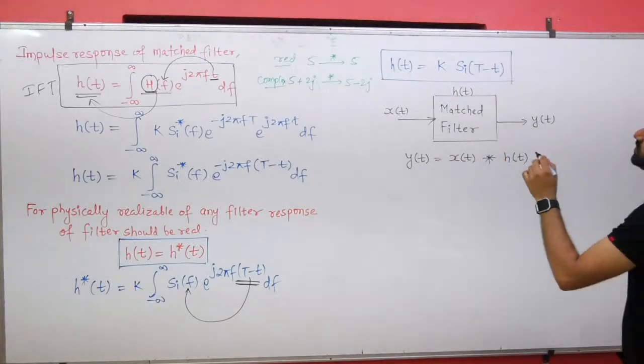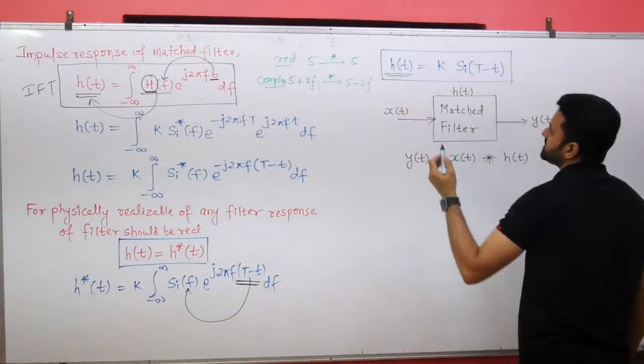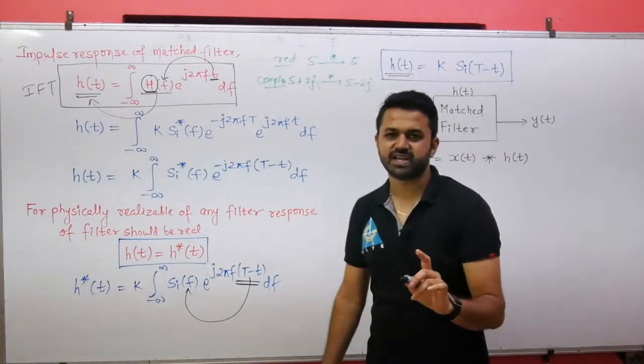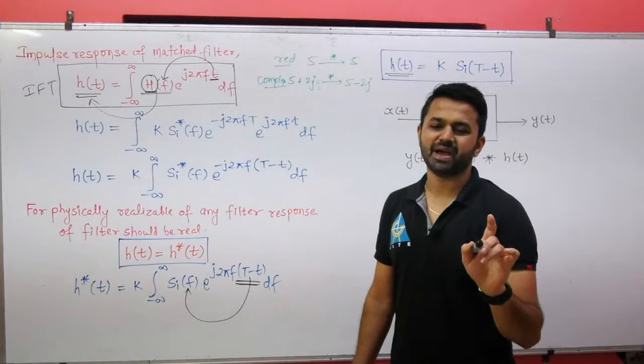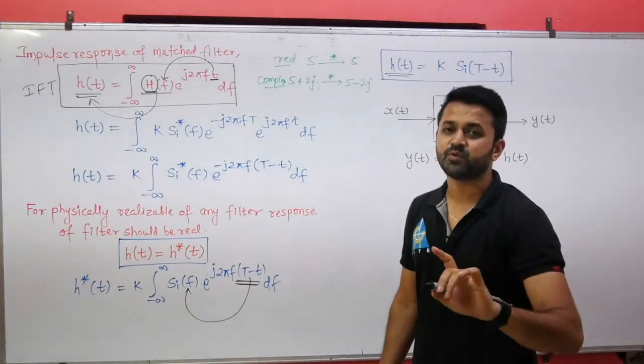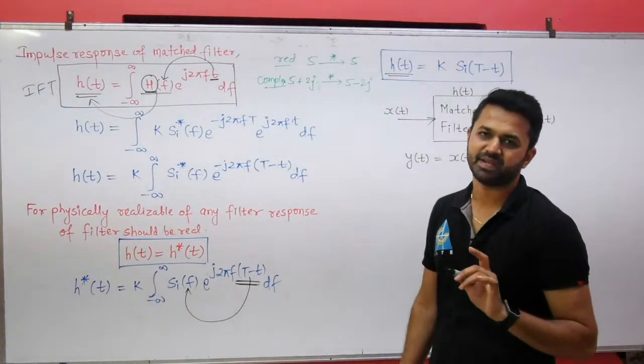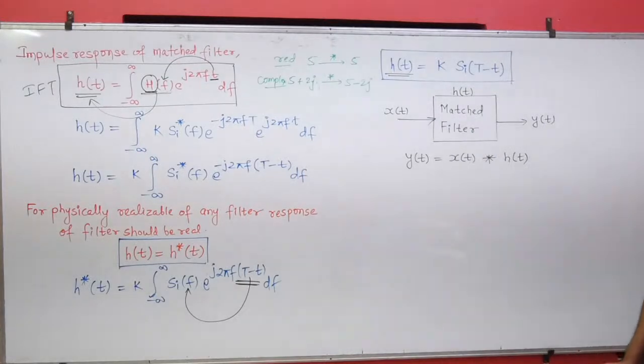Now this h of t shows that the response of the matched filter is nothing but the input signal shifted by capital T minus t.